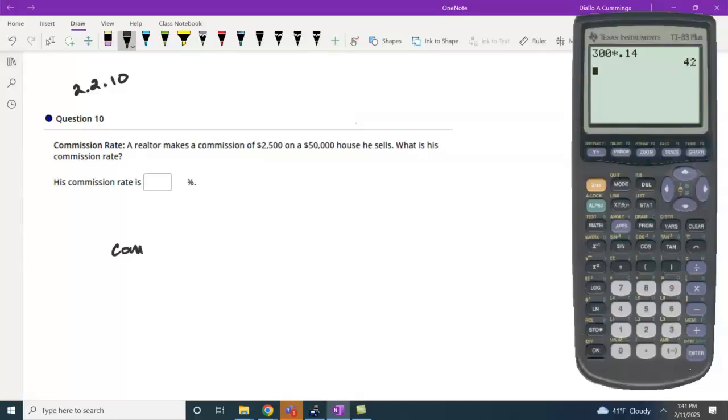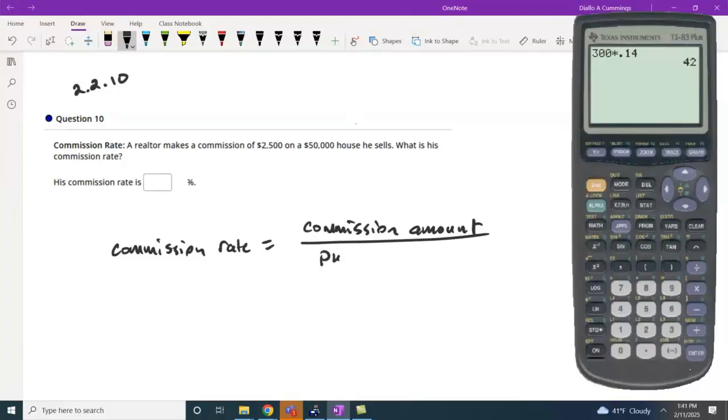So I'm going to write out that formula. The commission rate is the commission amount divided by the purchase price, or the selling price.